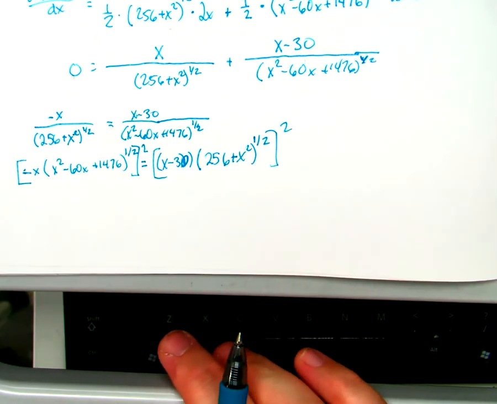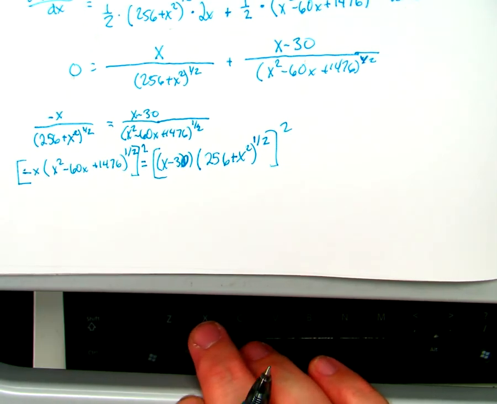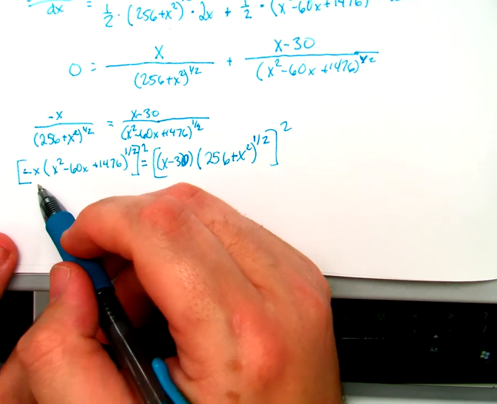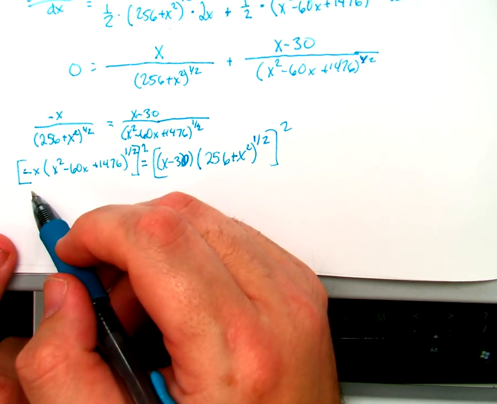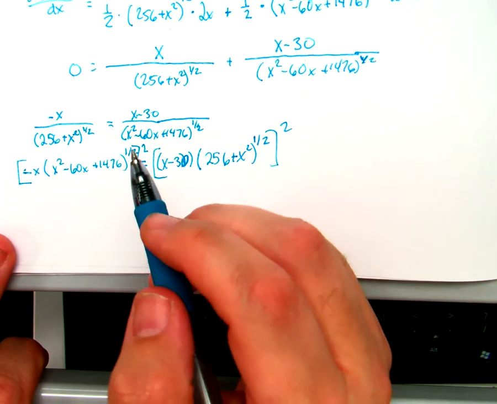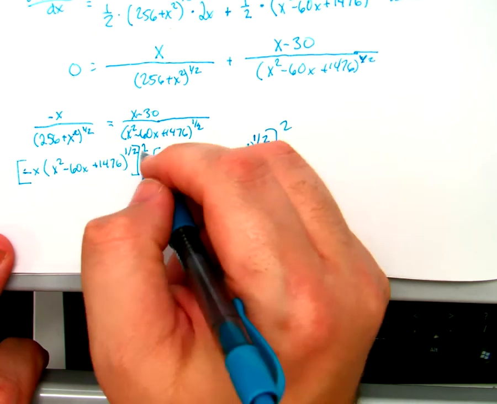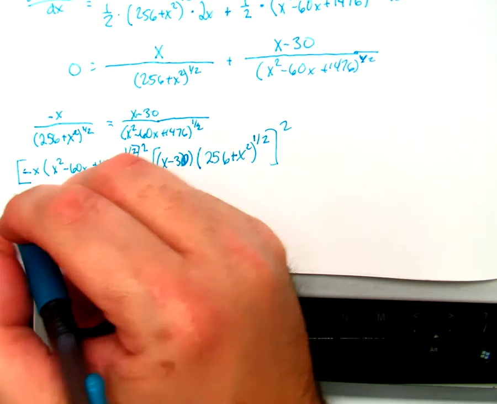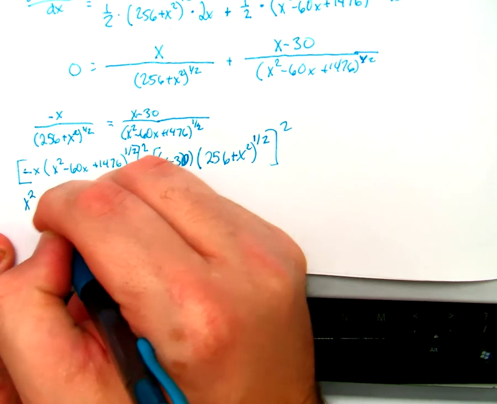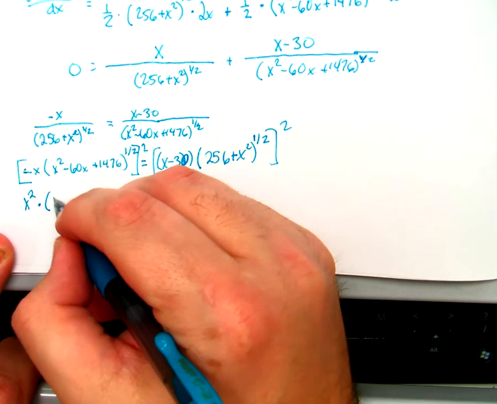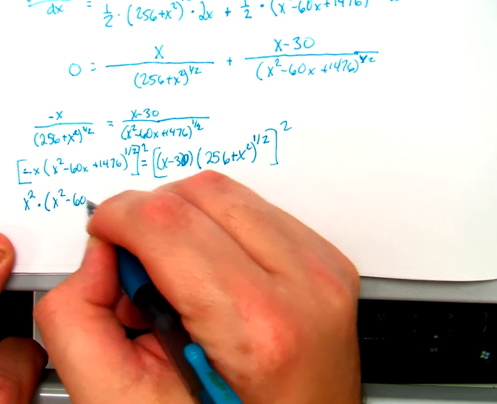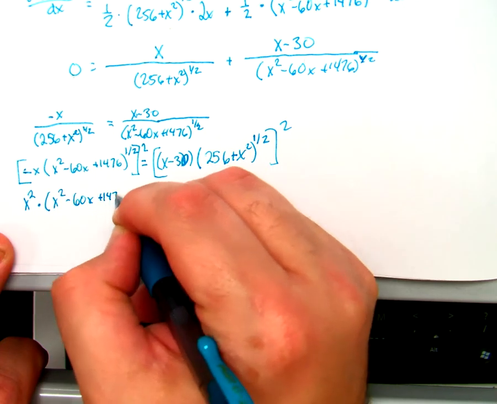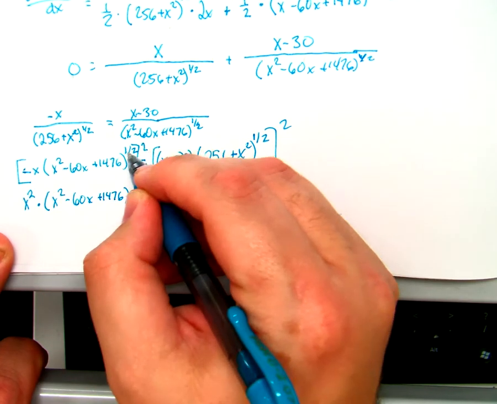And since it's multiplication, I don't have to worry about any crazy foiling. I'm going to get x squared, negative x times negative x is x squared, times the quantity of x squared minus 60x plus 1476, because 1/2 times 2 is 1.